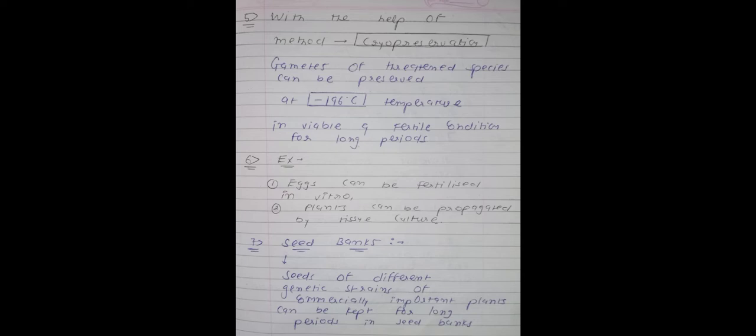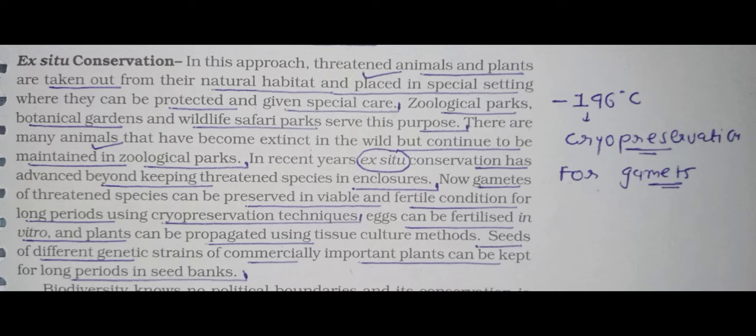Point number 6, eggs can be fertilized in vitro and plant propagation is possible by tissue culture. Underline both. Point number 7 is about the seed bank. We can keep the seeds of commercially important plants. So the first portion of ex situ conservation is completed here.